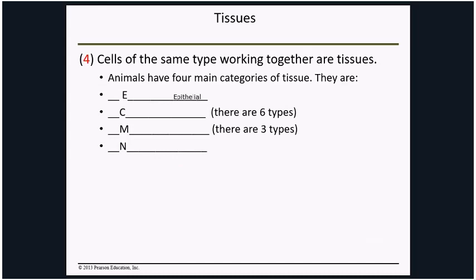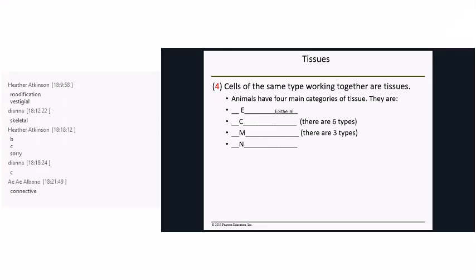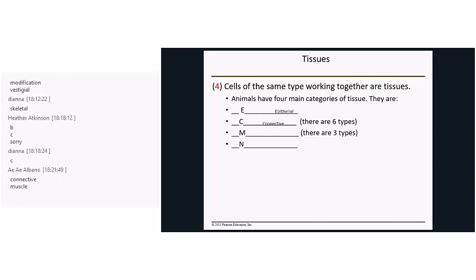Like epithelial tissue would be your first type of tissue. And what's this one that starts with C? Connective, that's right. And this one that starts with M? Muscle, correct. And then the last one is nervous, that's right. So those are the 4 main types of tissues that you're going to find in most animals, including humans.